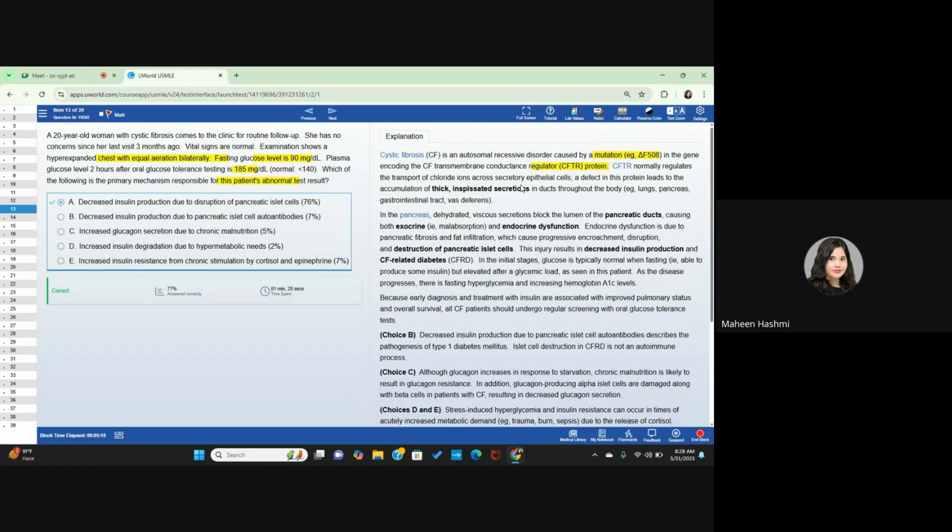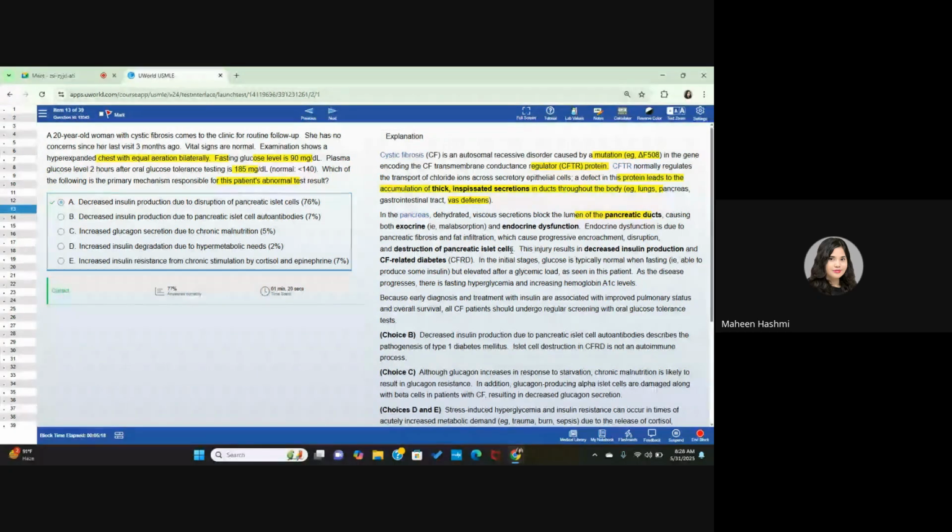If there's a defect in that, it causes thick secretions, which causes plugging of the ducts, and that is why we have blockage of the pancreatic ducts as well. There's also increased mucus found in the lungs. Sometimes they're also associated with congenital absence of the vas deferens. That is why these people also have infertility issues.